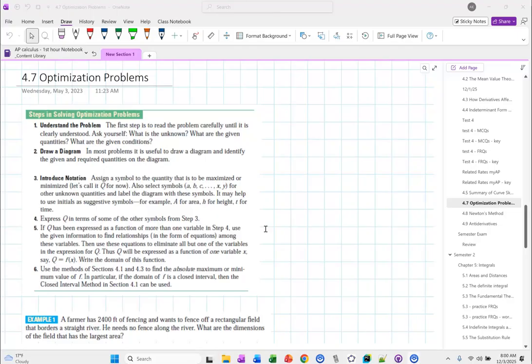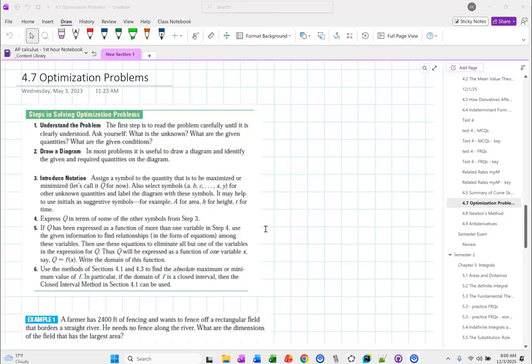Step 5 says if Q has been expressed as a function of more than one variable in step 4. So if you're writing an equation for the area of a rectangle, length times width, that's 2 different variables, right? Then you use the given information to find a relationship among these variables, and use that relationship to eliminate all but one of the variables in the equation for Q. Much like we did in the related rates problem, where we had to find another equation and eliminate a variable.